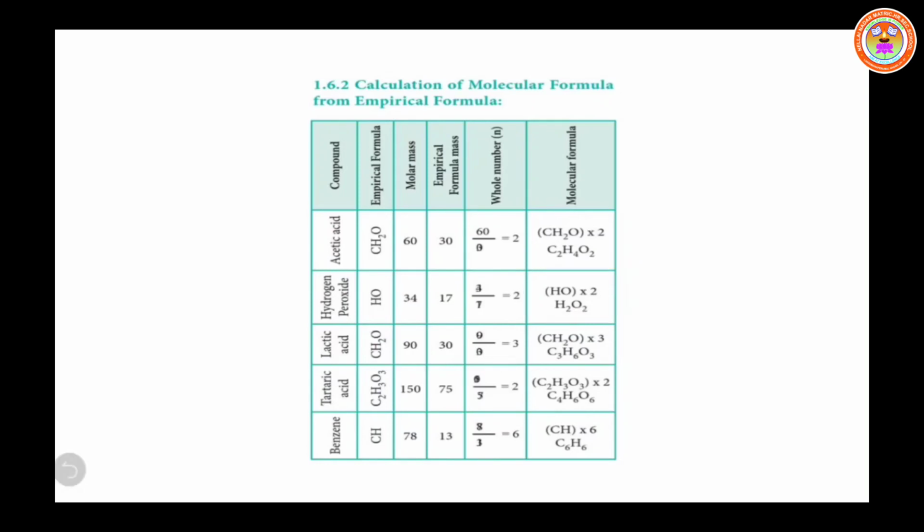Next we can see lactic acid. The empirical formula of lactic acid is CH2O. Its molar mass is 90. The calculated empirical formula mass is 30. Next we can calculate N value. N is equal to molar mass divided by empirical formula mass.